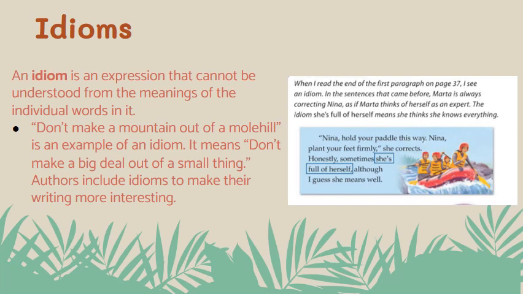For example, don't make a mountain out of a molehill is an idiom. What do we mean by don't make a mountain? Would we make a mountain out of a hill? No, don't make a big deal out of a small thing. When we say don't make a mountain out of a molehill, we mean don't make a big deal or a big problem out of a small thing.